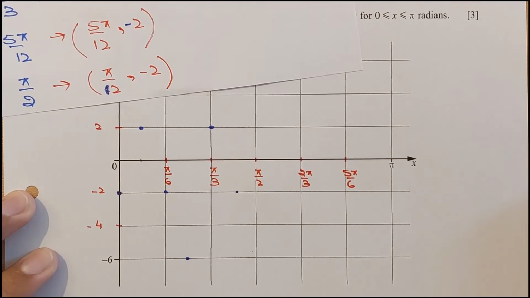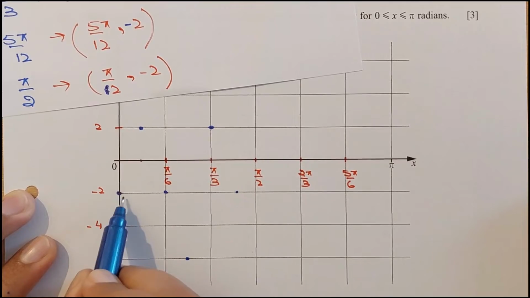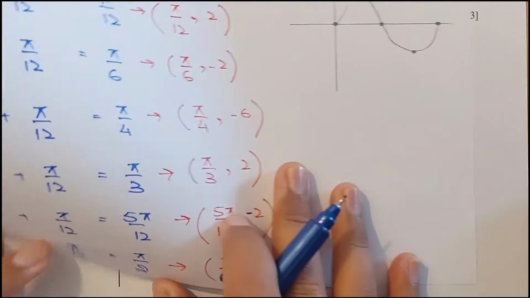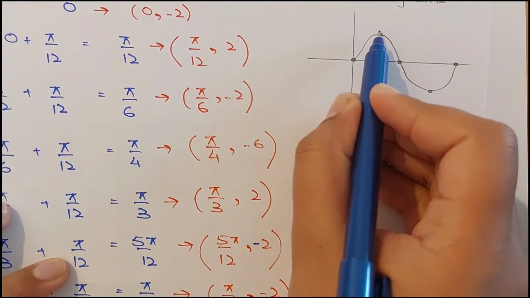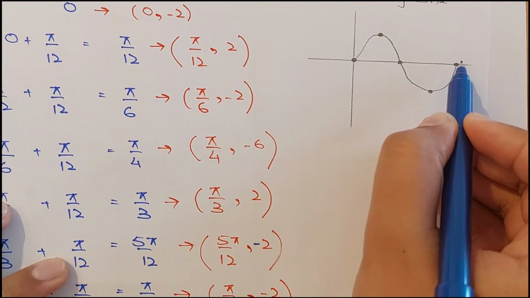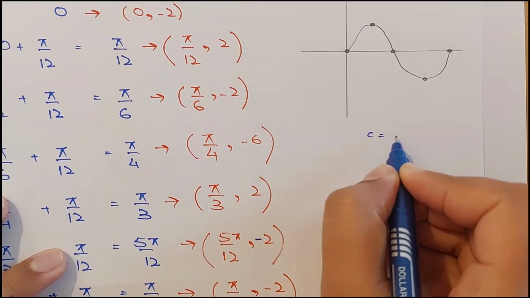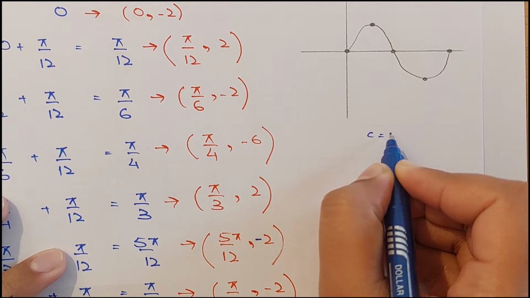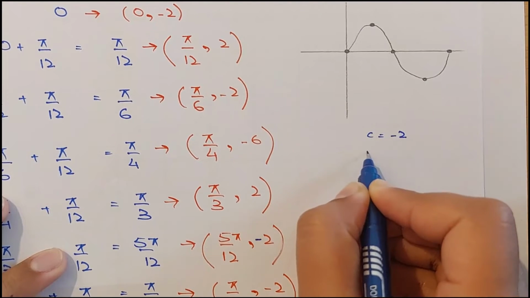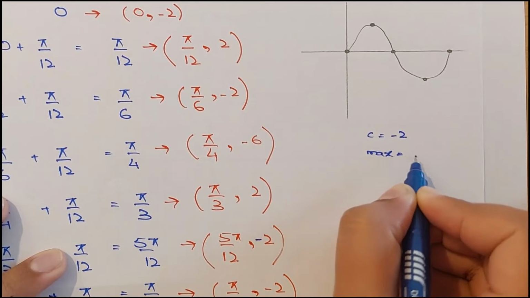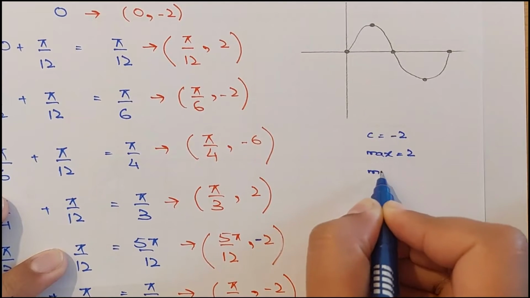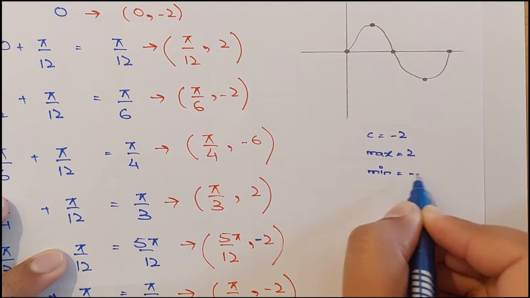I think I made a mistake in the y coordinates. So again, the sine curve: the equation of x is, you can see the maximum, equation of x is minimum, and then equation of x is, right? So we have the equation of x is -2. The maximum is equal to 2 and the minimum is equal to -6.